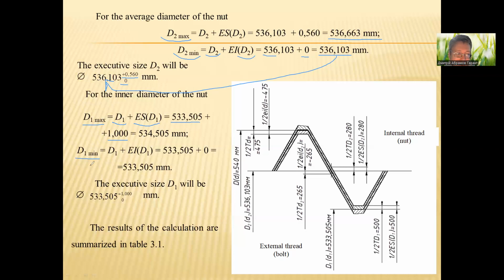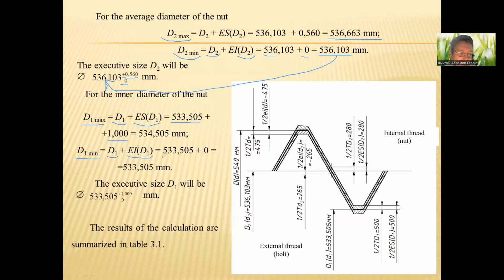Minimum diameter on the inner diameter. The minimum inner diameter of the nut will be equal to the nominal inner diameter of the nut plus the lower limit deviation on the inner diameter, big EI for the nut, big D suffix 1.